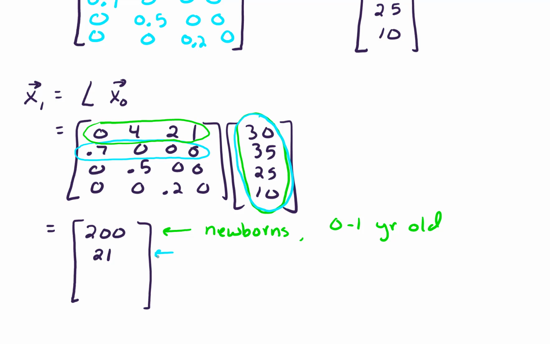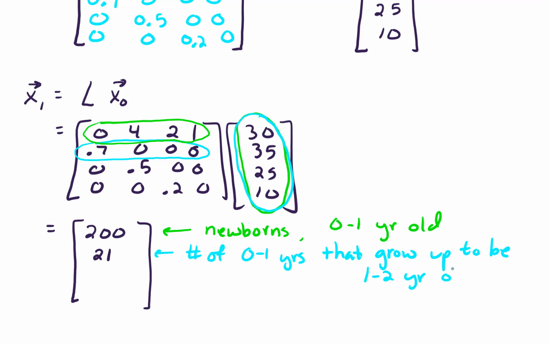These are the number of 0 to 1 year olds that grow up to be 1 to 2 year olds. Okay, and we can continue the analysis, and rather than crank through more calculations by hand here, let's hop over to MATLAB and compute the rest of these values.